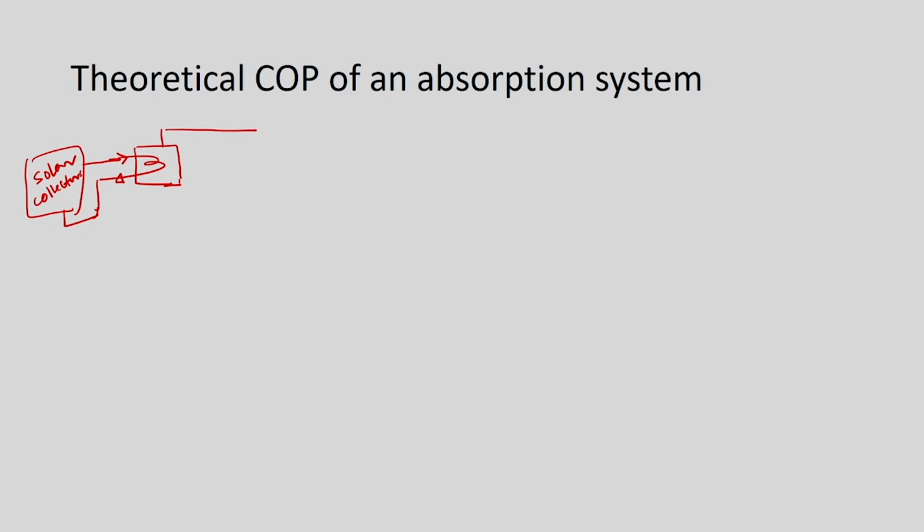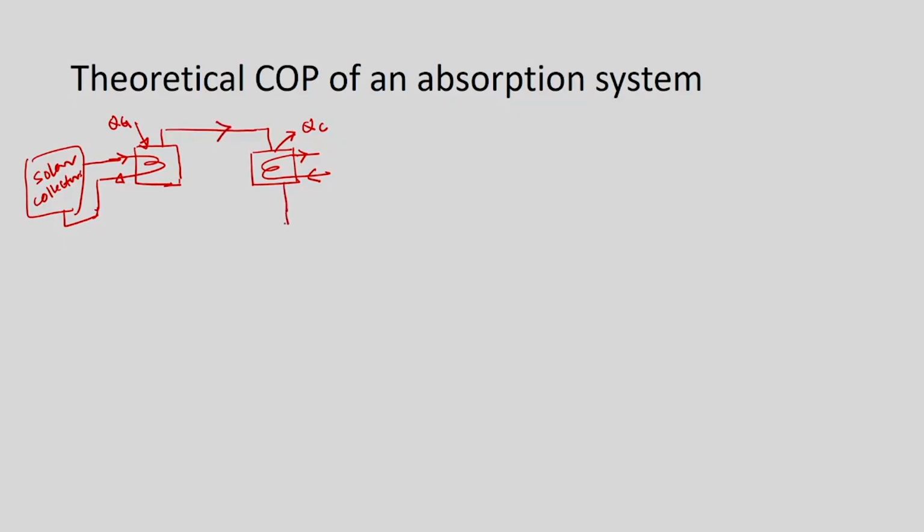There are many collectors, and then we will have a condenser here. So, we have to supply some kind of fluid to cool the refrigerant. So, we have to remove the heat, maybe QC, and we have to add heat from the solar collector, which is nothing but QG, because this is a generator.